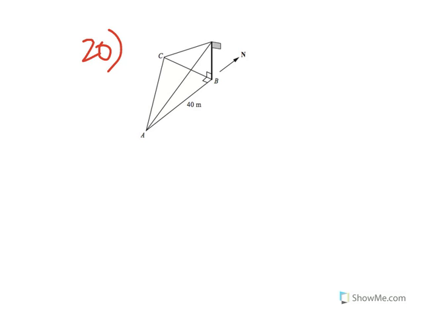So what they're saying is the angle of elevation at A, for this triangle over here, is 13 degrees. And for this triangle here, the angle of elevation at C is 19 degrees.